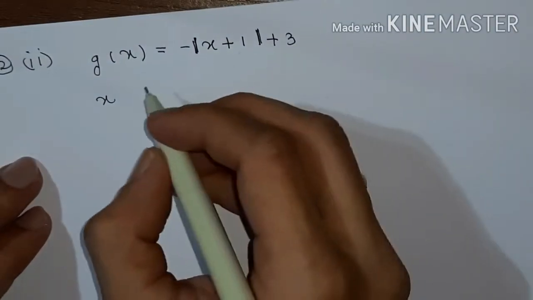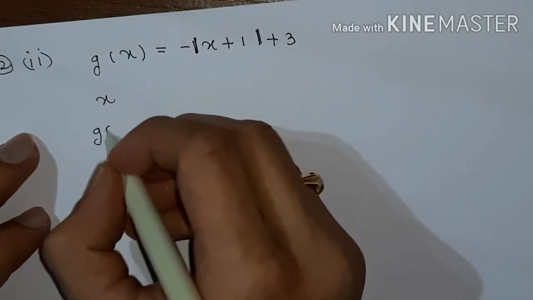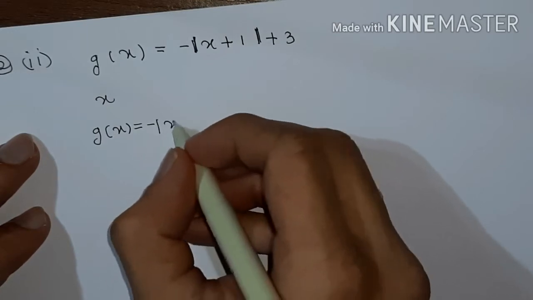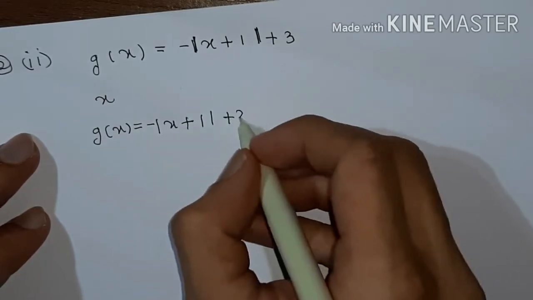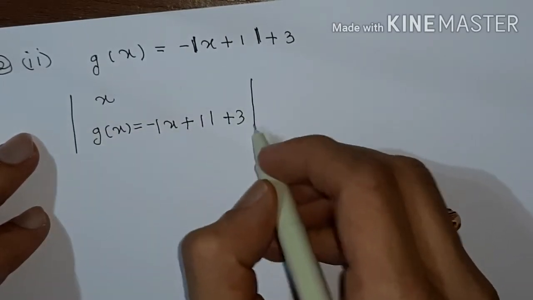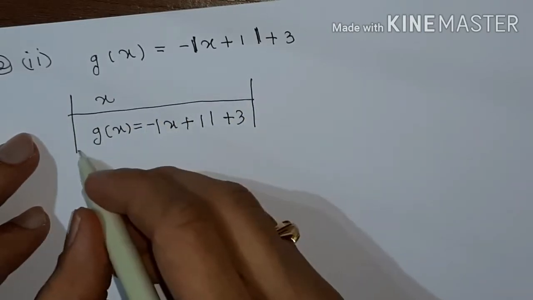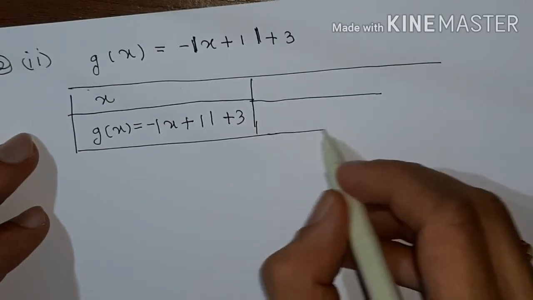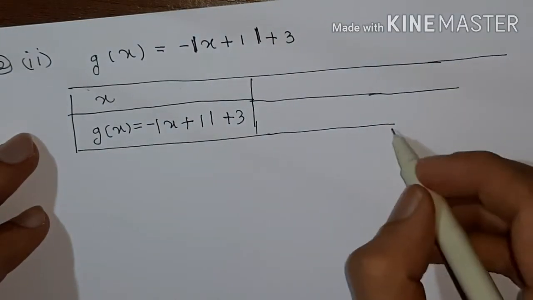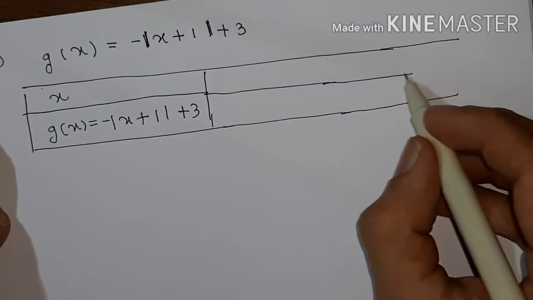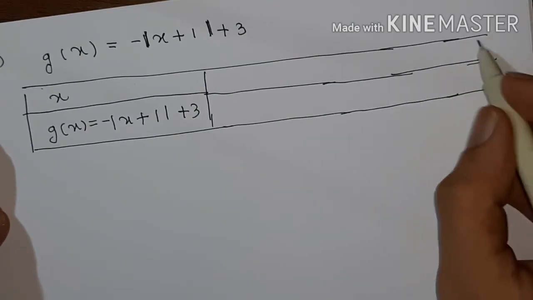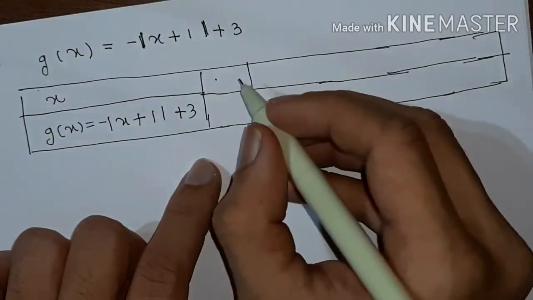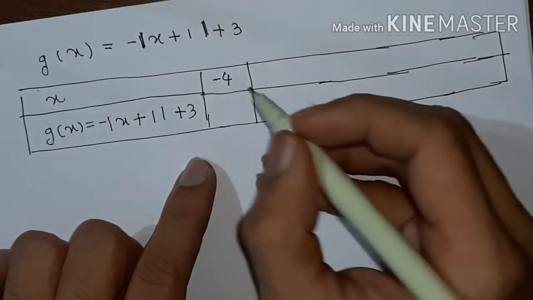Okay, so x and g(x) is there. That is nothing but minus of modulus of x plus 1, plus 3, right? So you take values for x and find the corresponding value of the function. So what we will do, first we will take the value as minus 4, say.